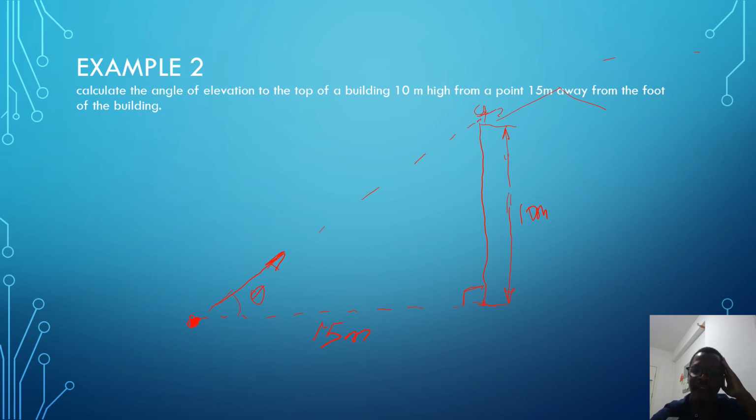Okay, so we have positioned our gun to kill that lion on top of that building at an angle theta. Now we need to find that angle. How do we find it? Since we know the height of the building and we know the distance that we are from the base of that building, we have created a triangle, actually a right-angled triangle. So we can happily use trigonometric ratios to find our angle of elevation. Okay, so we can as well bring back our SOHCAHTOA here.